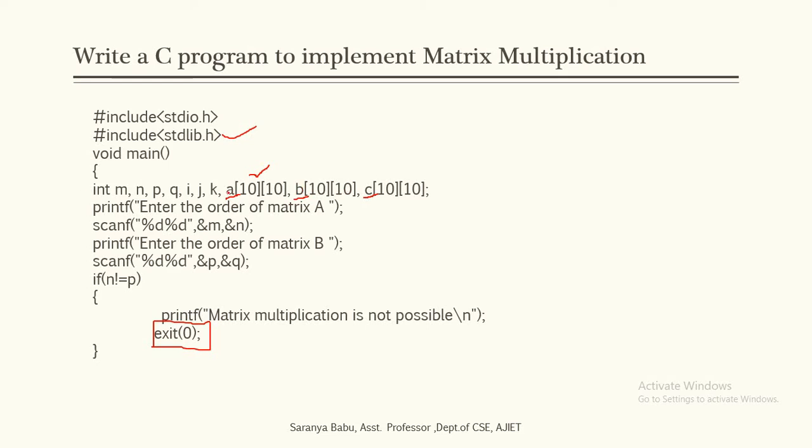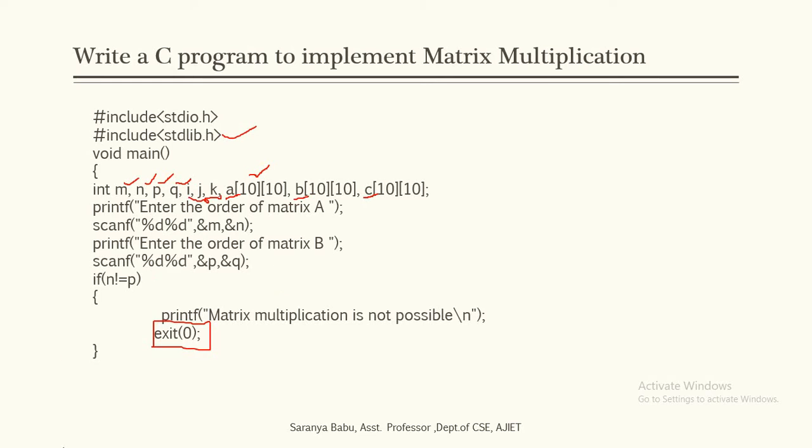The first matrix A order is specified using the variables m and n. Parallelly, the second matrix's order is referred to using p and q. And i, j, k are the variables used to process over the different loops present in the matrices.